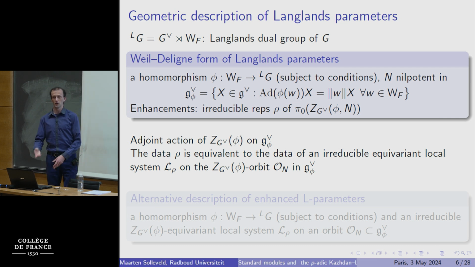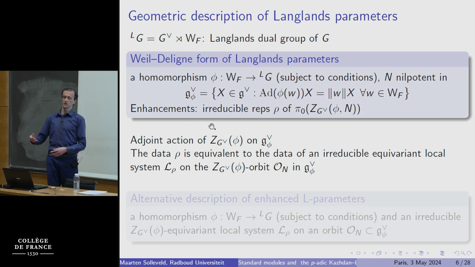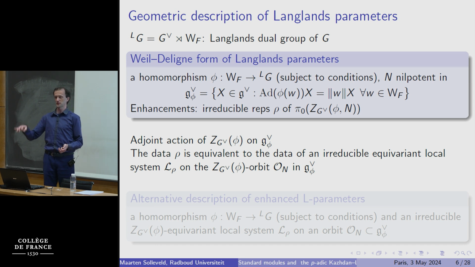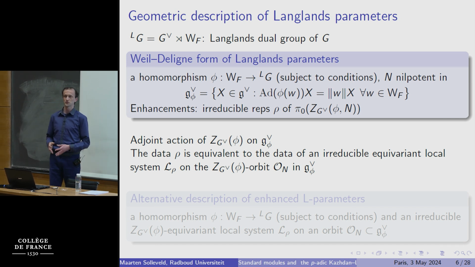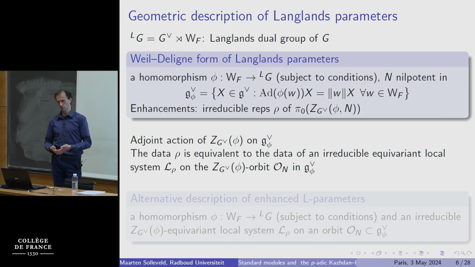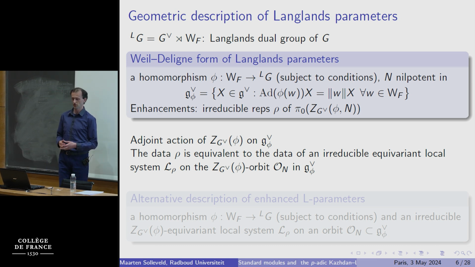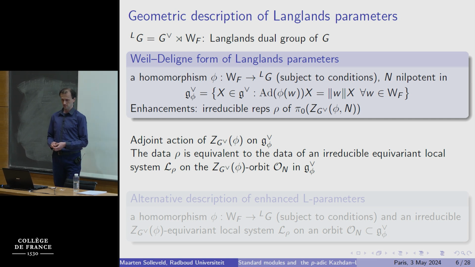The local systems on one orbit for a group acting on something are in bijection with the irreducible representations of the equivariant fundamental group associated to one point of this orbit. So in this way you can build from this Langlands parameter geometric data, namely an orbit of nilpotent elements, plus on that orbit an equivariant local system.